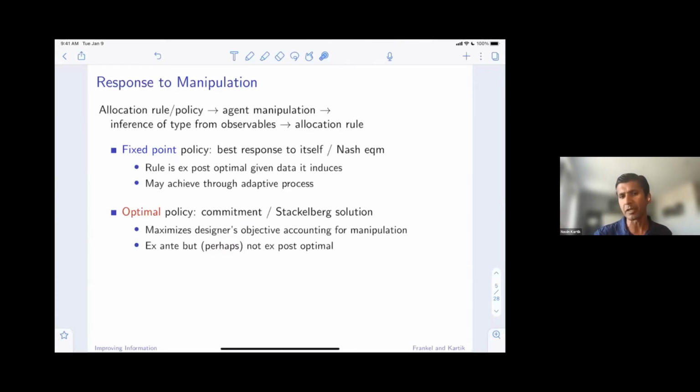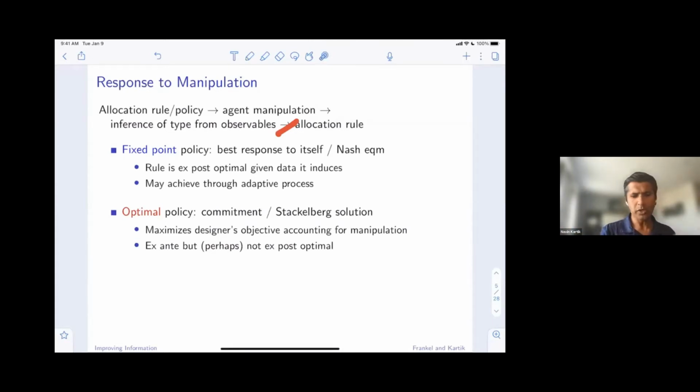In particular, it may not be a best response to the manipulation that it actually induces, but it is ex ante optimal, taking into account that changing the allocation rule will change the agent's manipulation. Okay, so in some sense, the commitment solution is really severing the knot at this stage.